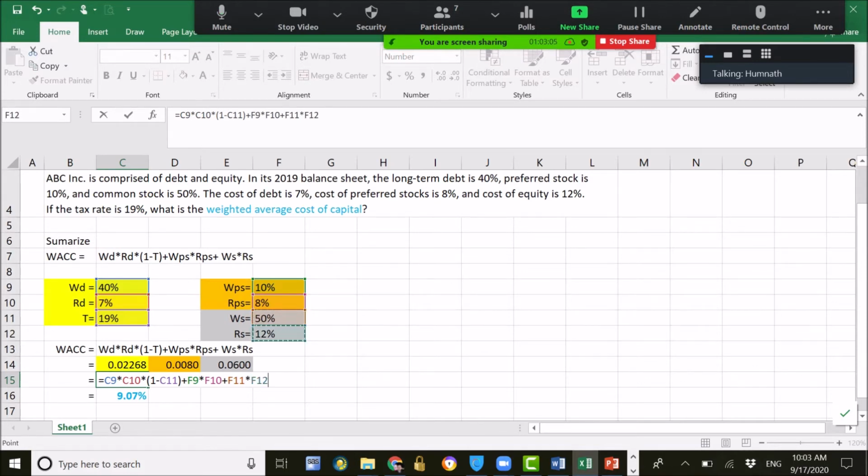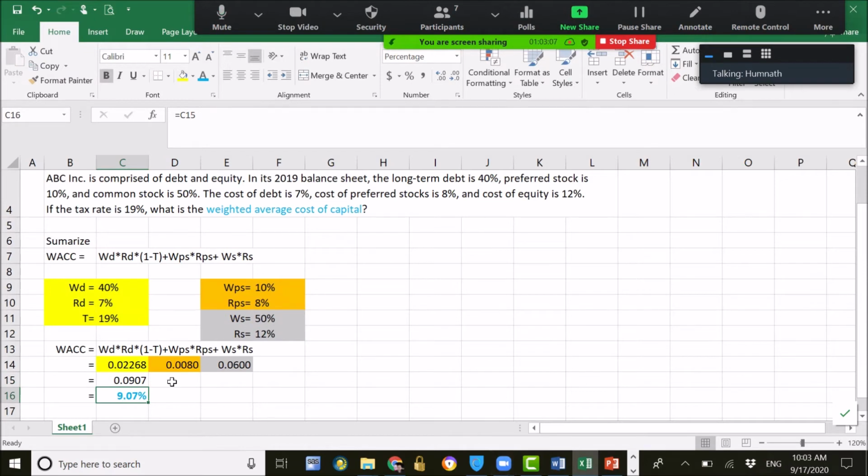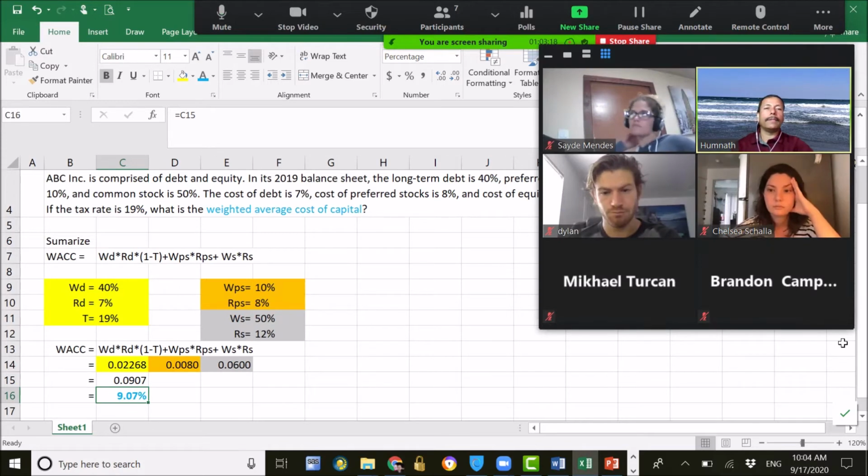Okay, again I got the same thing. And then I just put in percentage. This is the weighted average cost of capital. Any question? Is this difficult to calculate?